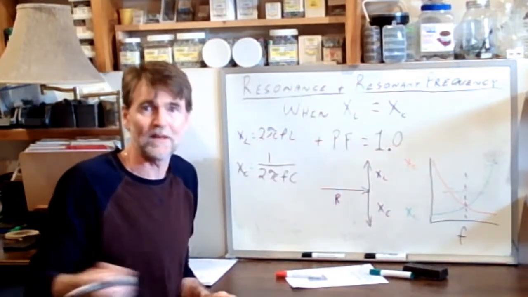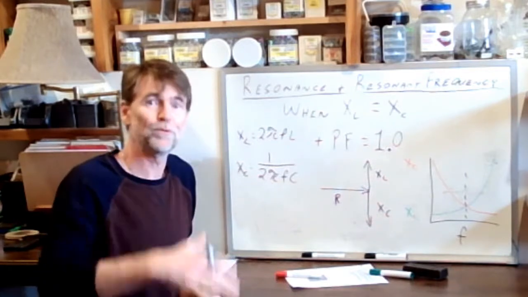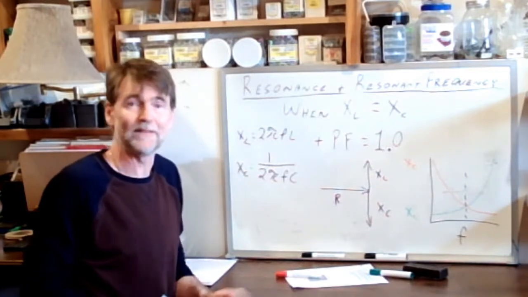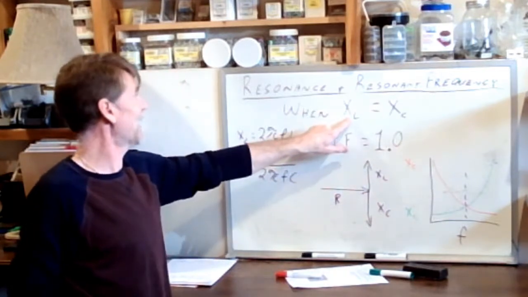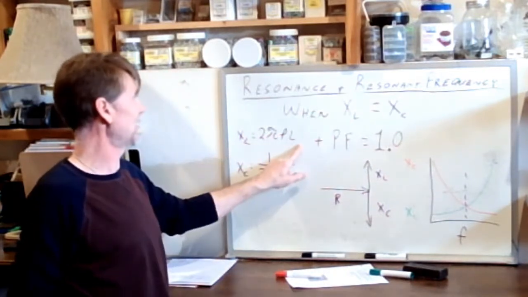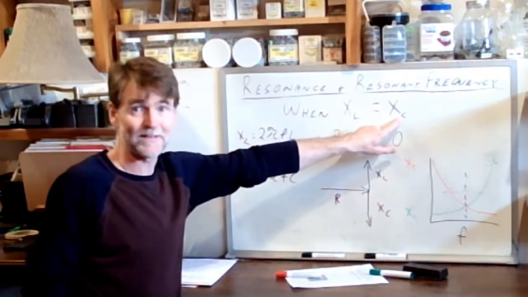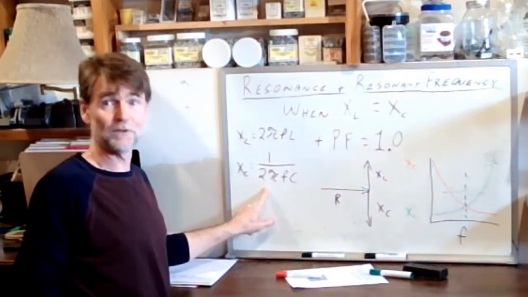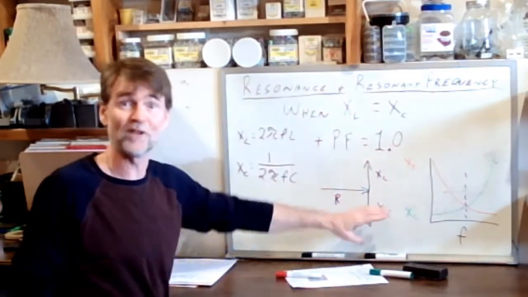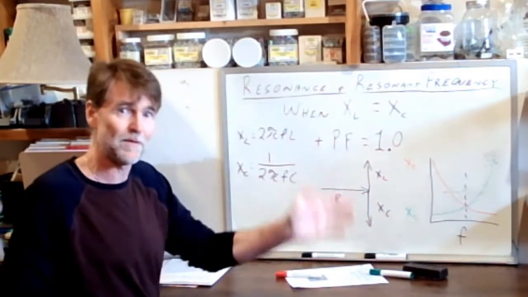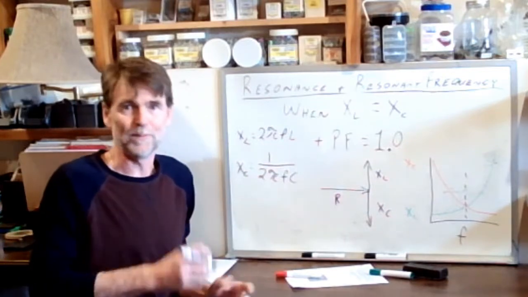There's a handout that I put on Blackboard that goes through the algebra, and we can actually calculate this. We can take XL equals XC, and substitute XL for what XL equals, 2 pi FL, and substitute what XC equals, the inverse of 2 pi FC, and with that equation we can do the algebra and isolate it so that F equals, and it's a big ugly piece of math.